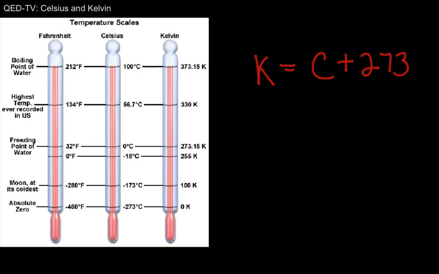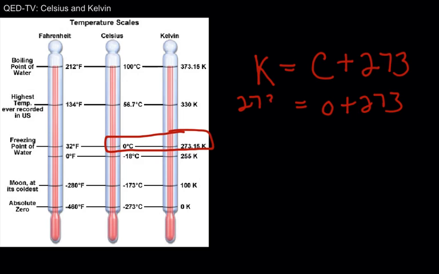So if you look at that, that'll work out. If I put in 0 degrees for my Celsius, 0 plus 273 gives me a temperature in Kelvin of 273, which is what that is. See, 0 degrees Celsius equals 273.